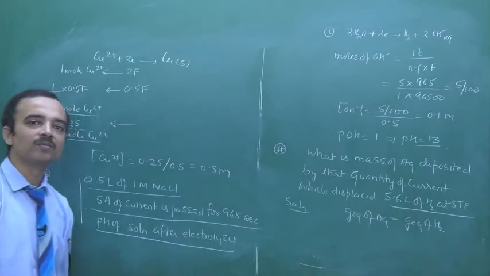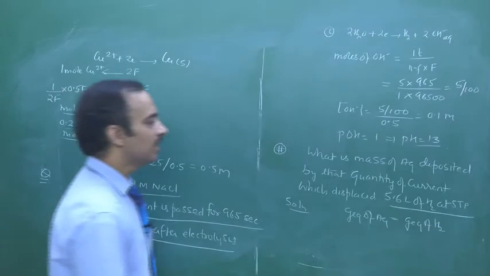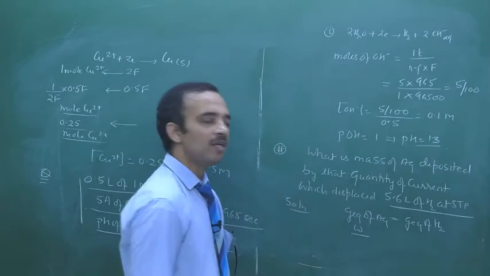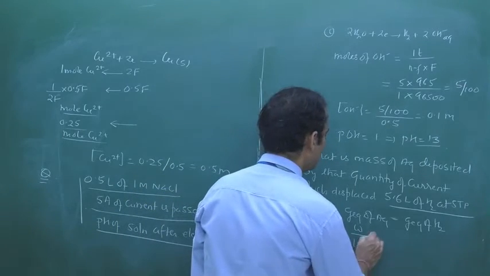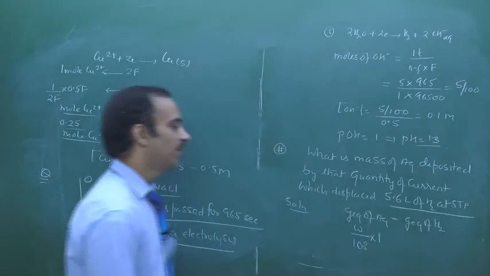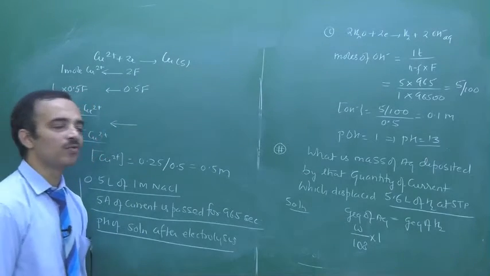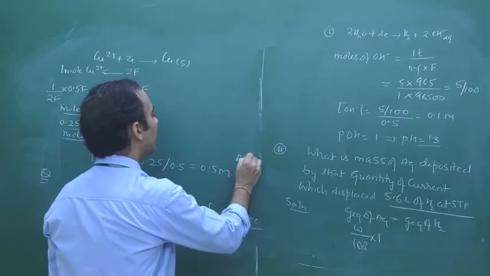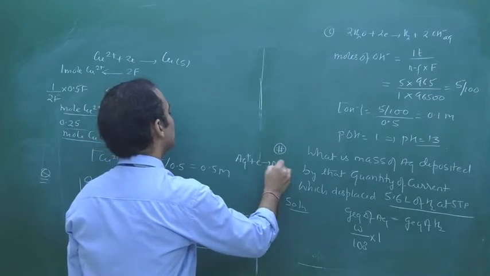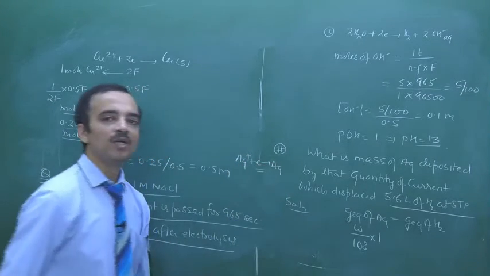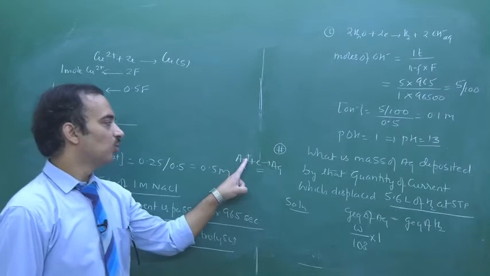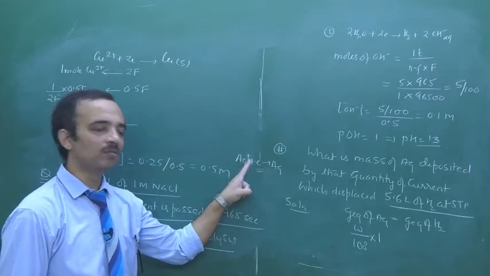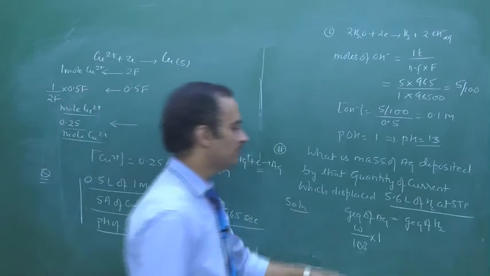Is it clear, beta? Now what is gram equivalent of silver? It is mass upon molar mass into n factor. Beta, n factor of silver is 1. Why? Because charge on Ag plus is plus 1. Take its magnitude. You may say n factor is 1.